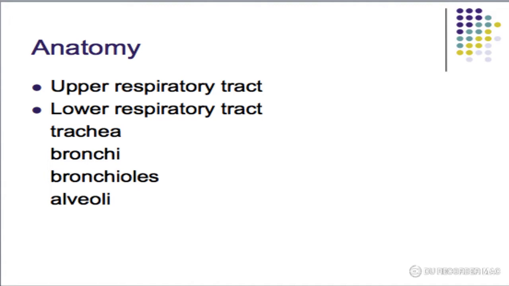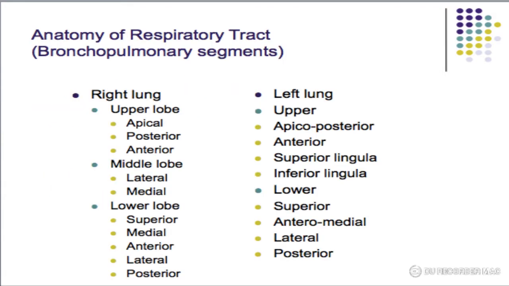So as an evaluation of your hemoperfusion, your oxygen status can be correlated or evaluated through the ABG test. So let's recap the anatomy: the upper respiratory tract, the lower respiratory tract, and then the anatomy of the respiratory tract includes the bronchopulmonary segments, the right lung, and the left lung.